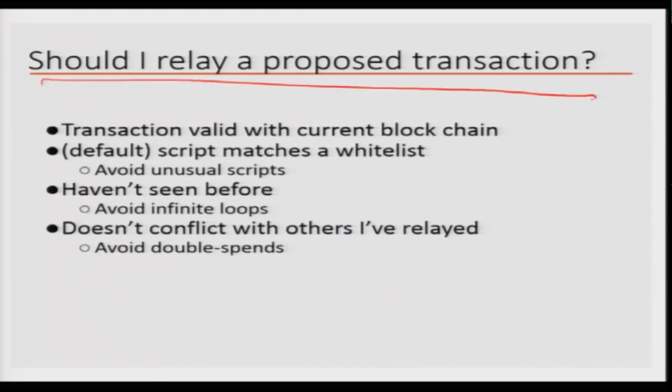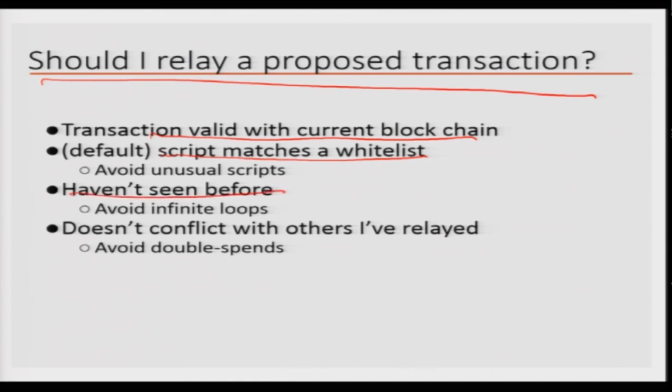So, the question is, when do nodes relay a proposed transaction? First of all, they check the validity of the transaction. Second, they check that the script matches a whitelist of scripts. If the script in the transaction is unusual, they suspect somebody is doing something malicious and may not store it or even forward it.